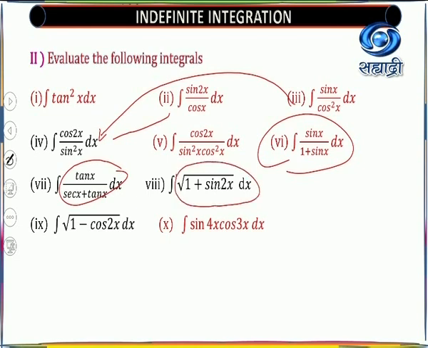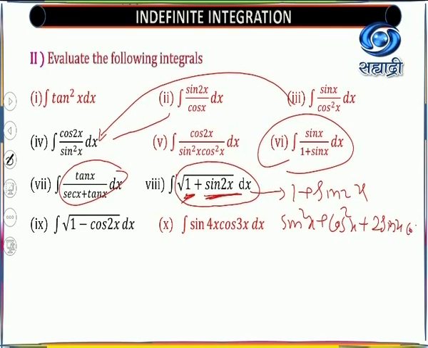This type of example we have already solved, because we write this as sin square x plus cos square x. And here you are able to write 2 sin theta cos theta. So the bracket square gives you the simple form; that means 1 plus sin 2x you are able to write as sin square x plus cos square x plus 2 sin x cos x, and that gives you the simplified form, which is nothing but sin x plus cos x bracket square.